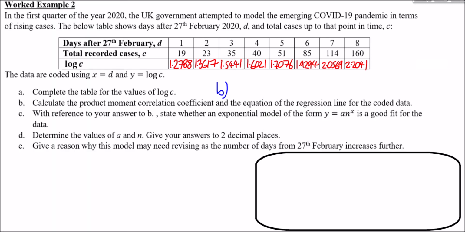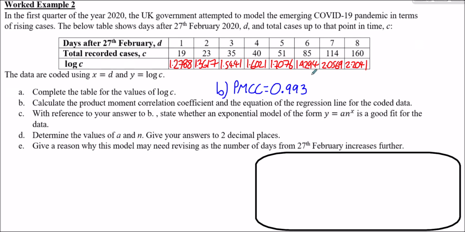So for B, the PMCC equals 0.993. That's freakishly high. It almost perfectly fits an exponential model. So we can say, both literally and mathematically, at the beginning of COVID, the cases were rising exponentially. It's an often overused word, exponentially, but this truly is.